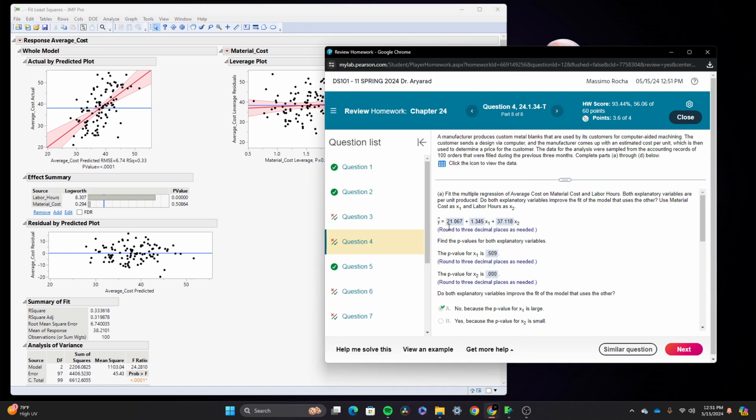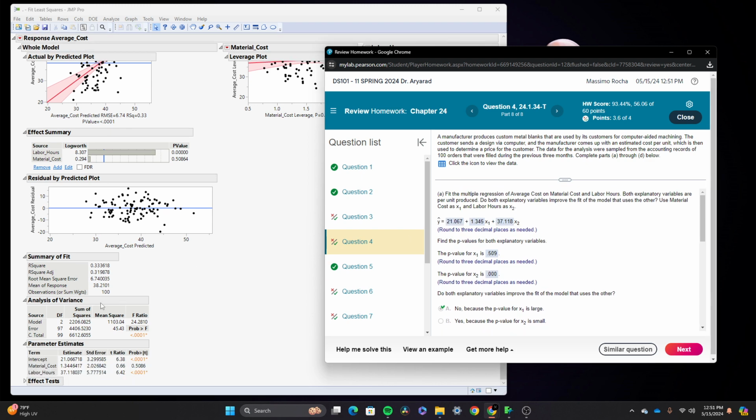To get this part, all we have to do is simply look at the estimates. You're going to get those numbers all here. 21.067 right here, that's the intercept. And then down this one, material cost is x1.